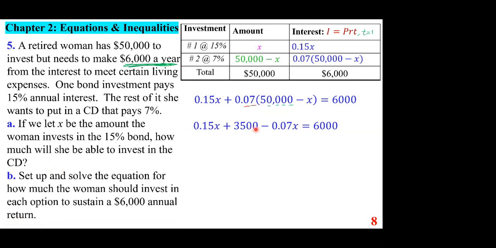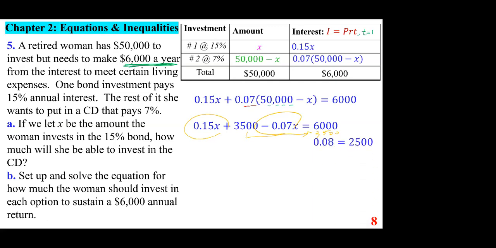Okay, now what do we do? It's very simple. We combine these two. That gives us 0.08x, and we are going to subtract 3,500 from both sides.